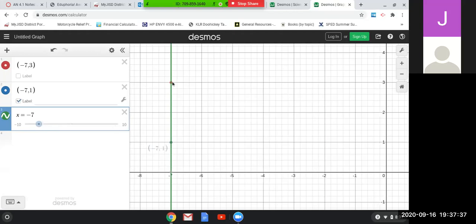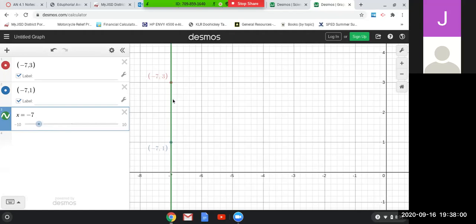And here's this point right here, -7, 3. This vertical line goes through both of those points. That's not a function, right? It's not a function. We've got the same input has 2 outputs, so that's no good. It's undefined. There's no slope there, okay? So that's a special case.